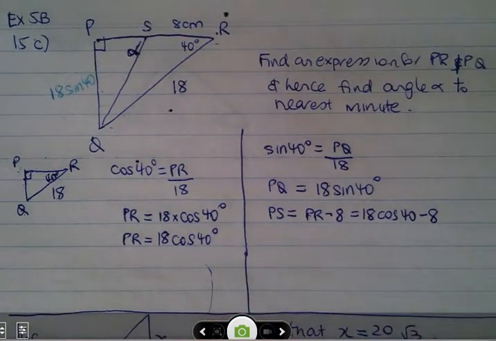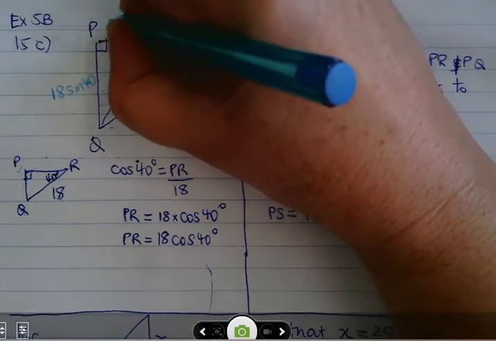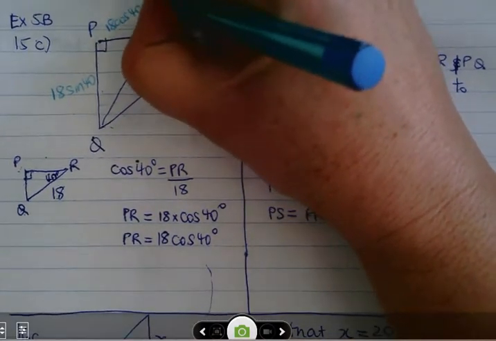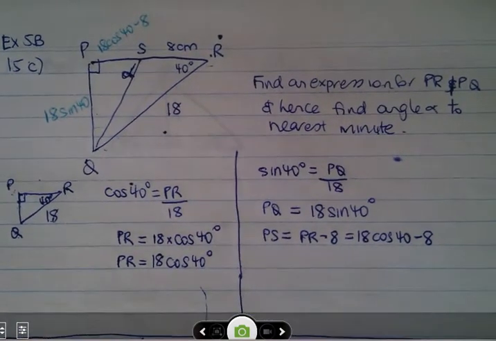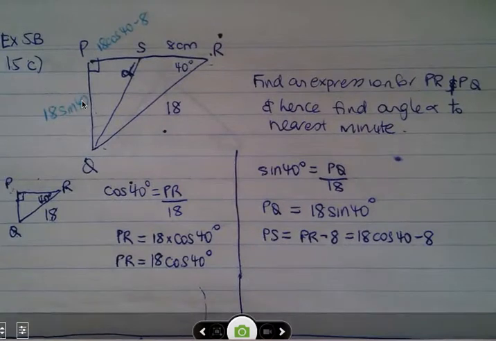So now we've come up with an expression for PS. So that's good. 18 cos 40 take away 8. I know it looks a bit yuck, but it's okay, it'll still work. You would normally write values here, but we're trying to practice it without writing any values, just to work with it like that.